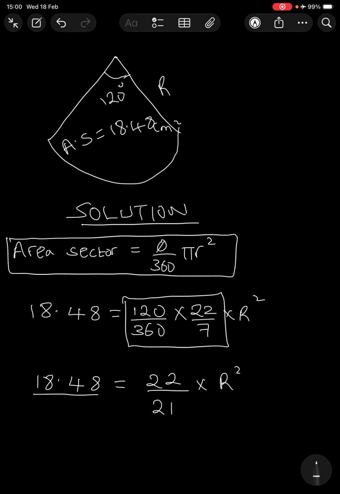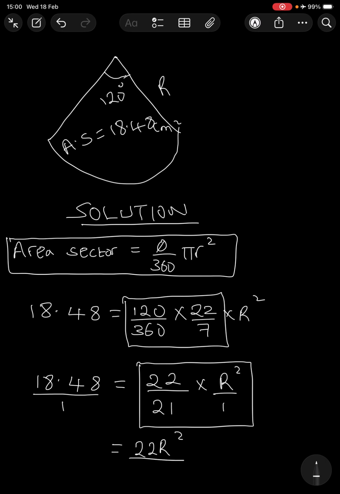After that, you convert the whole number to a fraction. So this one is the same as over 1. We solve this part. So you take 22 times r squared. It is 22 r squared over the denominator. You take 21 times 1, which is 21. Then it is equivalent to 18.48 over 1.